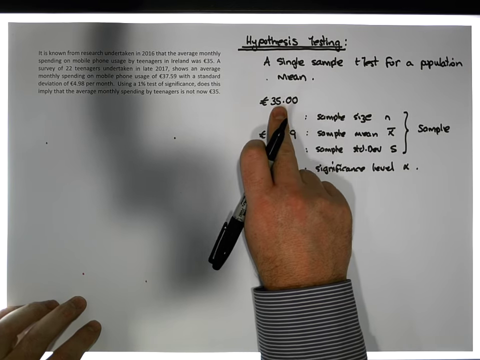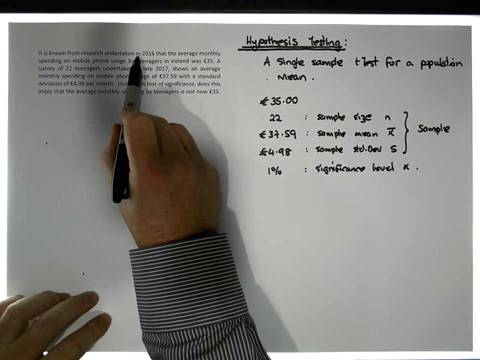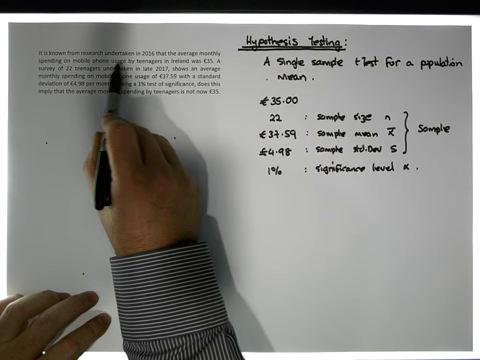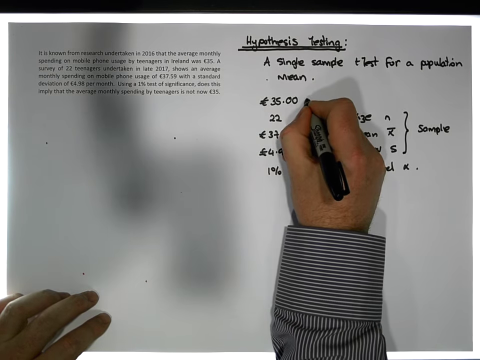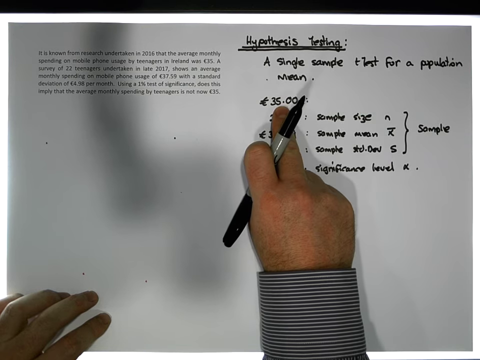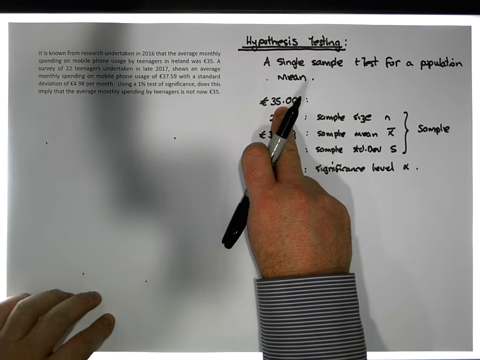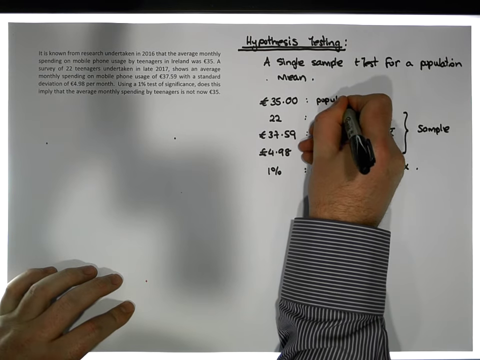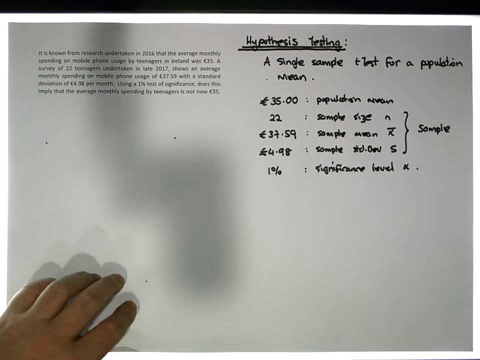More importantly, this €35, known from research in 2016 as the average monthly spending by teenagers in Ireland, is, based off past evidence up to this moment, the population parameter. This is our population mean.